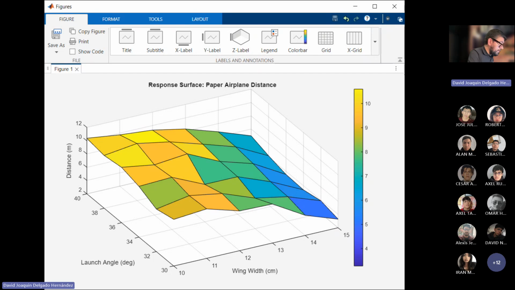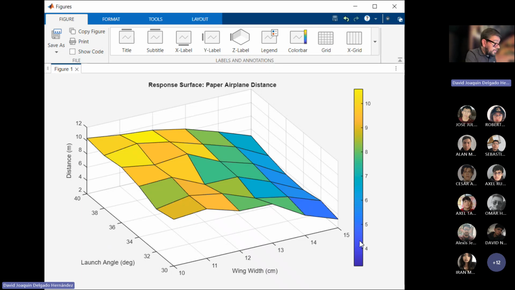So let me copy this in the Word. Okay, and I am going to copy the figure as well. So copy figure, and I put it here in the Word. Okay. Let us analyze this new result, okay?